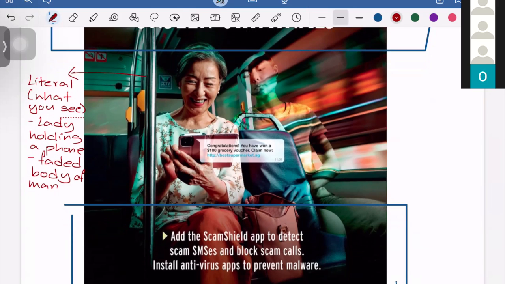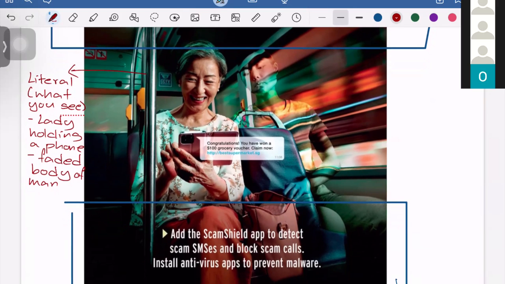So this is your literal descriptions, exactly what you see, what is shown on the poster. Next is your figurative. Figurative is what this image is trying to tell you. What does it represent?